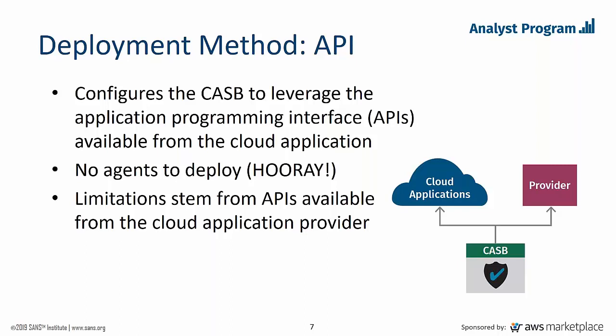However, the benefit is that there are no agents that we have to deploy to any of our endpoints or workstations. So this is great if you want to provide a better level of security without having folks use a secondary proxy or reverse proxy, which we'll get to in just a moment. This is a great phase zero adoption, so to speak. It's a great way to return value on integrating a CASB as soon as possible and with ease.